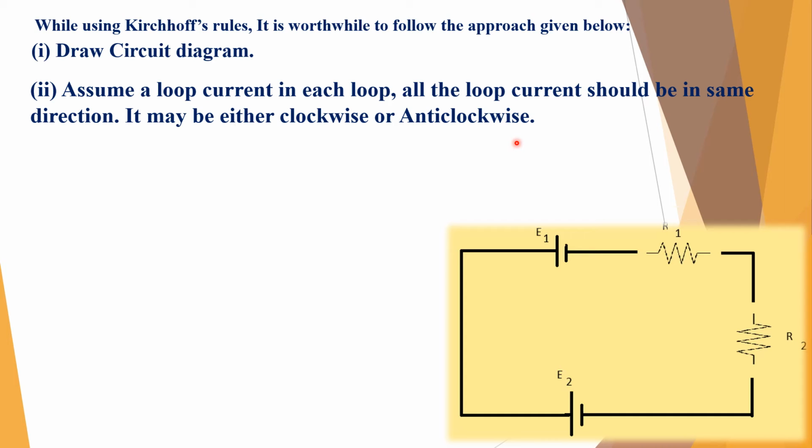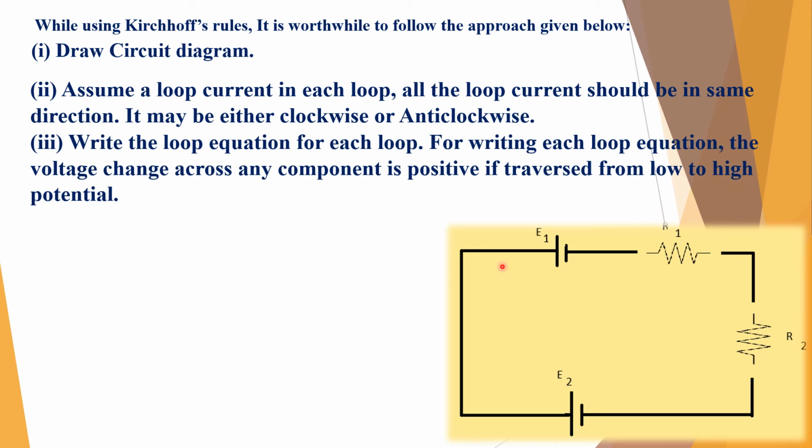Here, because we have only one loop, we can consider current in this loop. It's our own choice. We can consider the current in clockwise direction or in anti-clockwise direction. It doesn't matter. Third step is write the loop equation for each loop. Here we have only one loop, so we will write the equation for this loop.